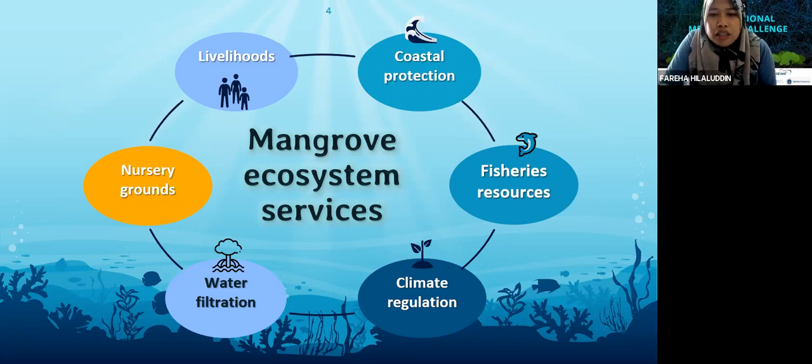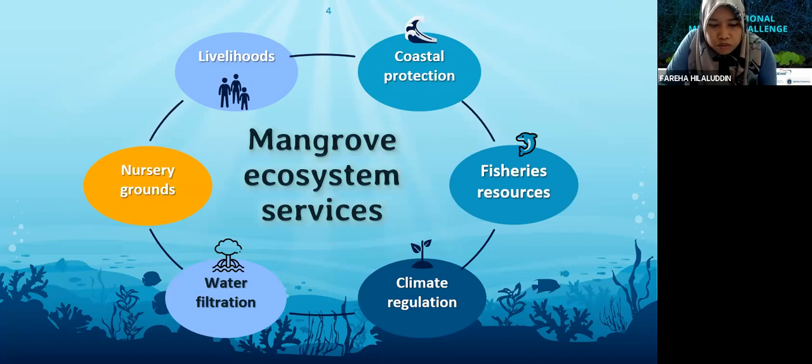Then other services, fisheries resources, because mangroves support lots of fish, with thousands of fish species found in mangrove ecosystems because of the high nutrients in the mangrove ecosystem itself.